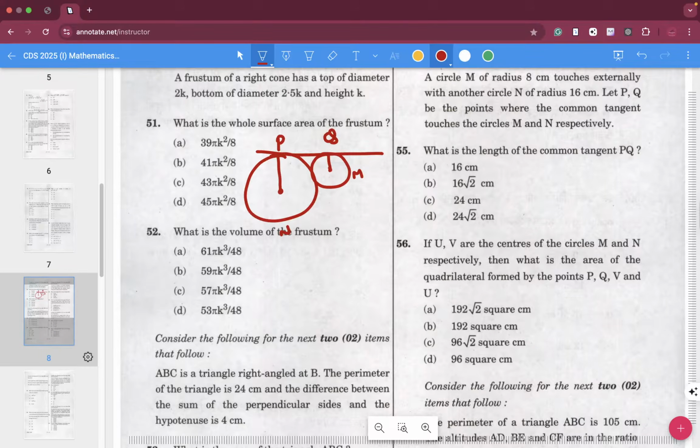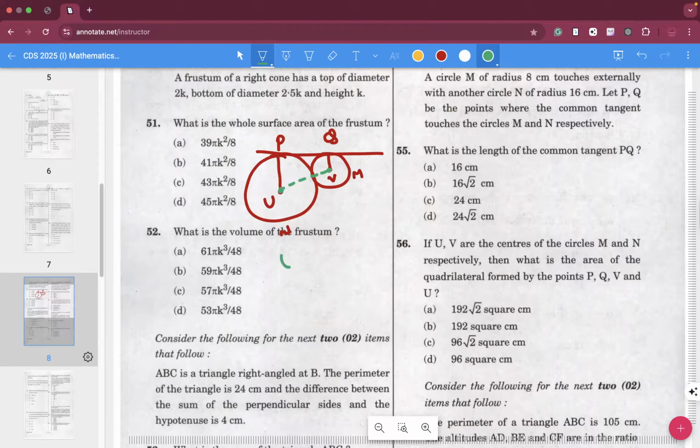Can I say something like U and V are the centers? If I join the centers over here, U and V, will it look something like this, folks? So UV is the distance between their centers.